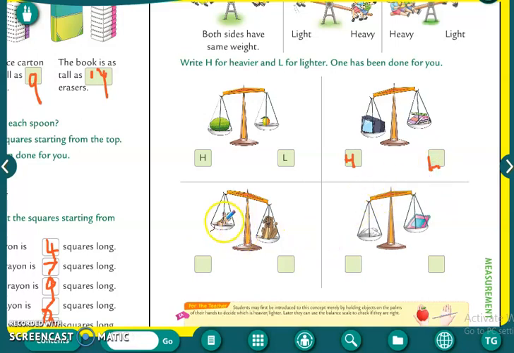Then see here, a mouse is there and a dog is there.